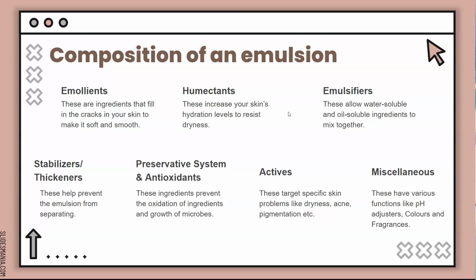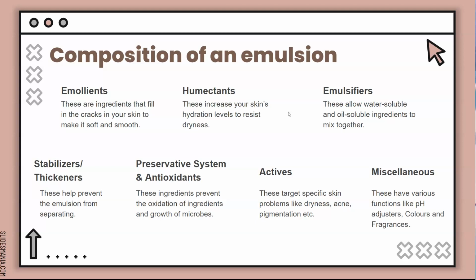You also have your emulsifiers, which are the main ingredient that allow the mixing of water-soluble and oil-soluble ingredients together. We also have your stabilizers or thickeners that help prevent the emulsion from separating. We also have preservative systems and antioxidants. Their main function is to prevent the growth of microorganisms or to prevent the oxidation of ingredients.